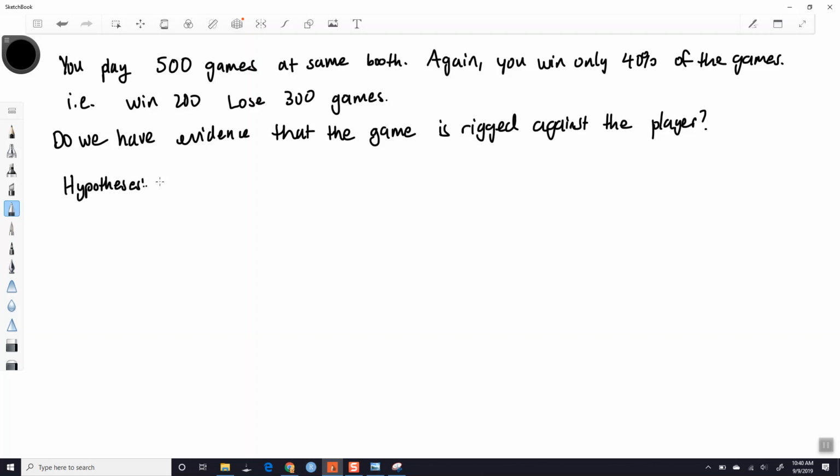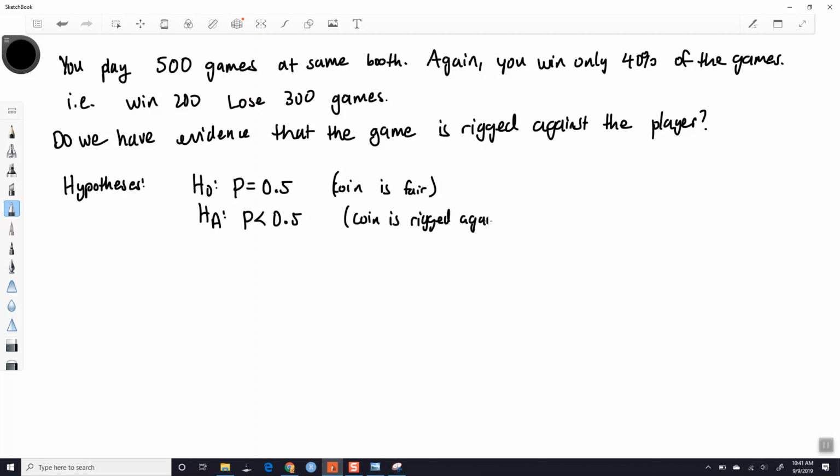The null hypothesis is that p is 0.5, you know, the coin is fair. And the alternative is that p is less than 0.5, right? Coin is rigged against the player.